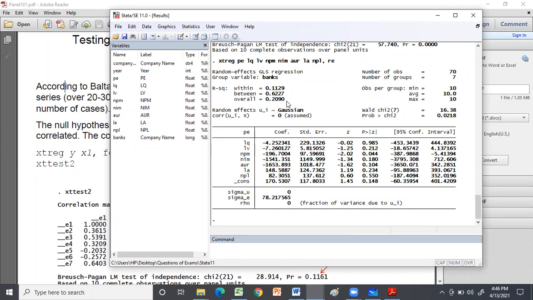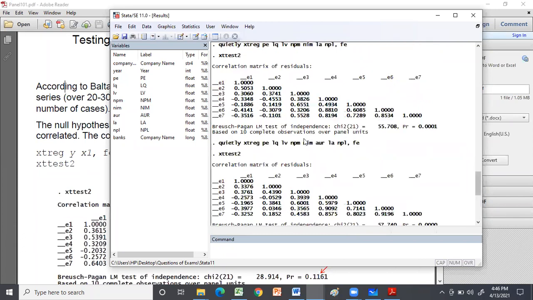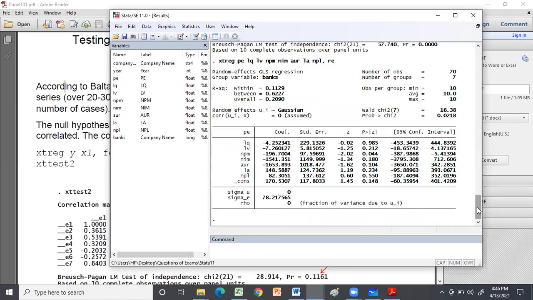Autocorrelation is also found in the panel segment or group segment, because in the earlier cross-sectional dependence test, we found that the error terms of one panel are correlated with the error terms of another panel. Okay, so because of this problem, none of the methods is producing a satisfactory result for the relationship between the independent variables and the dependent variable.